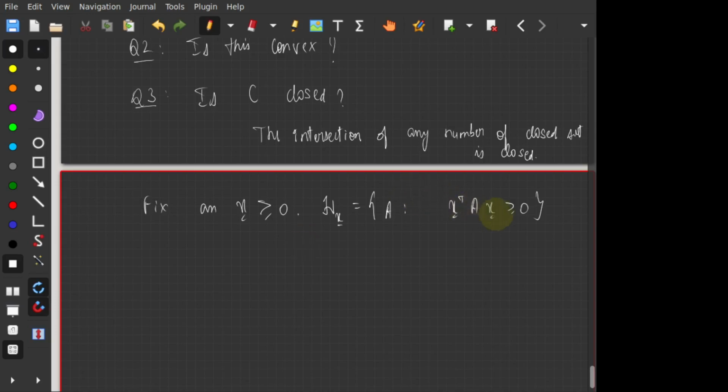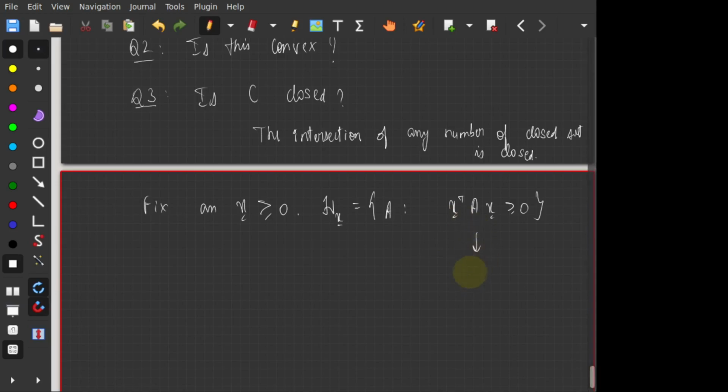So what kind of a condition is this as a function of A? So this is a quadratic function in x. But for fixed x, what kind of a function is this as a function of A? It's a linear function.